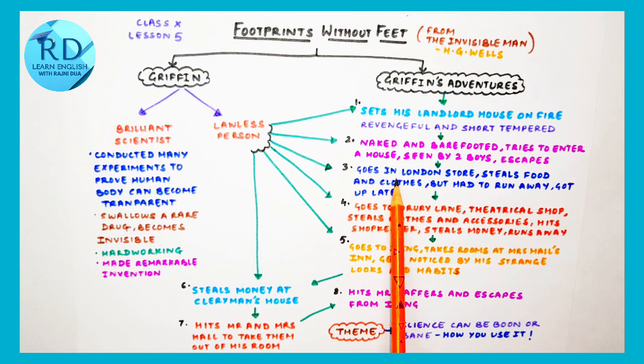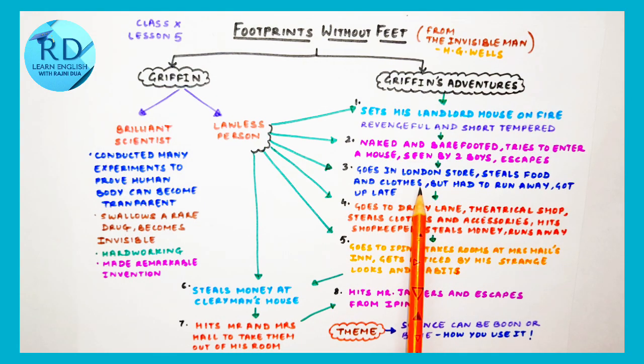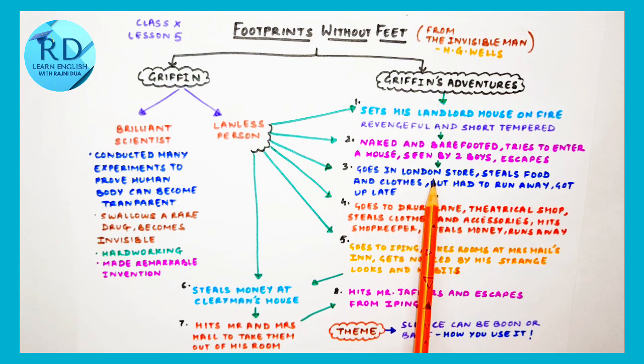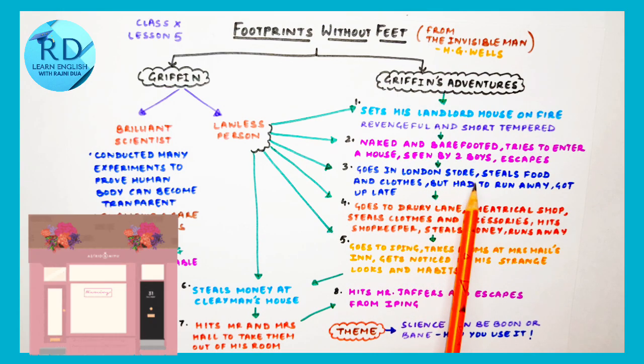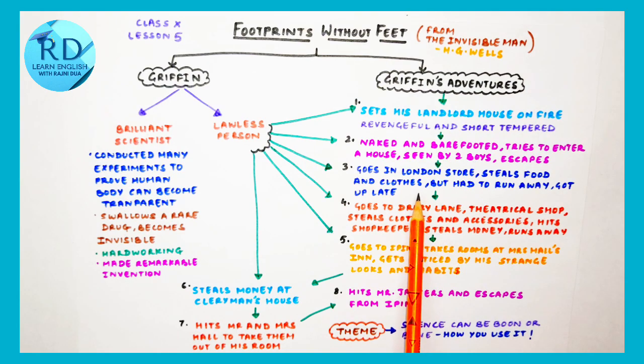Then, since he had chosen that time of the year, mid-January, it was very cold and he needed something to cover himself. So he went into a London store, he stole food from there, he unwrapped all the boxes, took out clothes, and he tried to make himself warm, and then he slept there taking quilts.